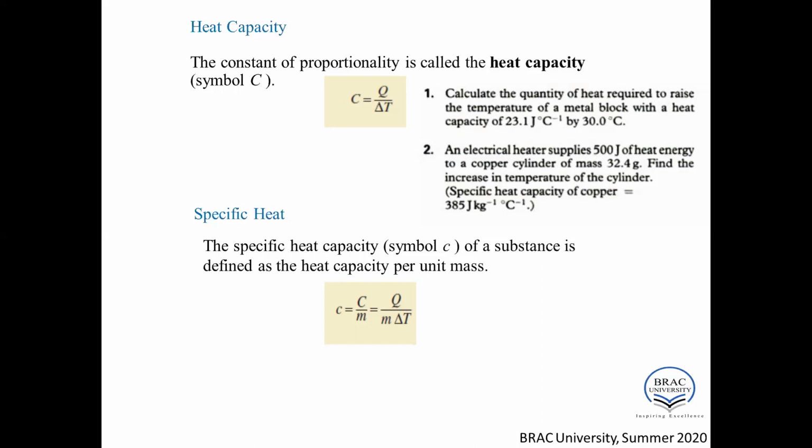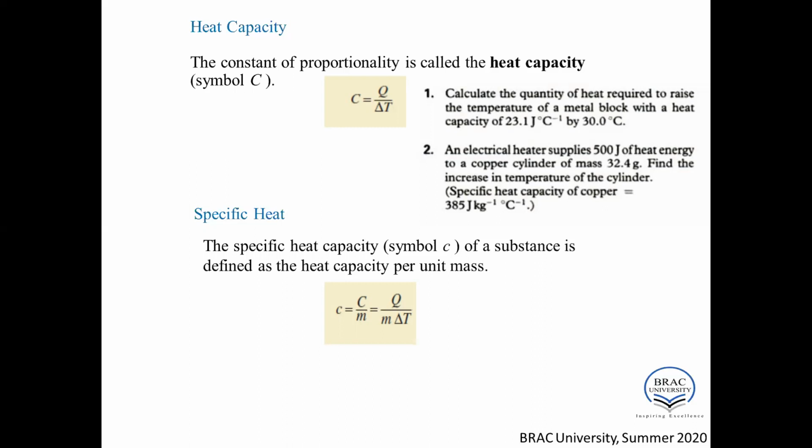Then the constant of proportionality is called the heat capacity. Another way we can say it is that the heat required to increase the temperature of an object by 1 degree centigrade, or 1 unit, is called the heat capacity.